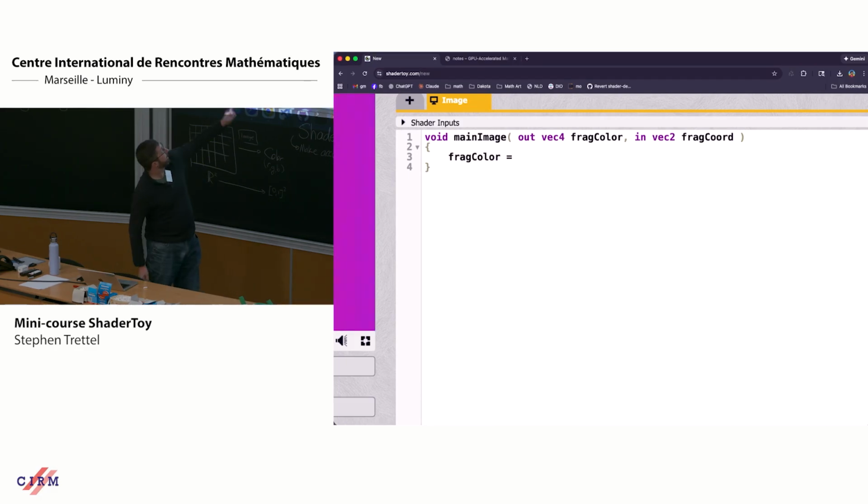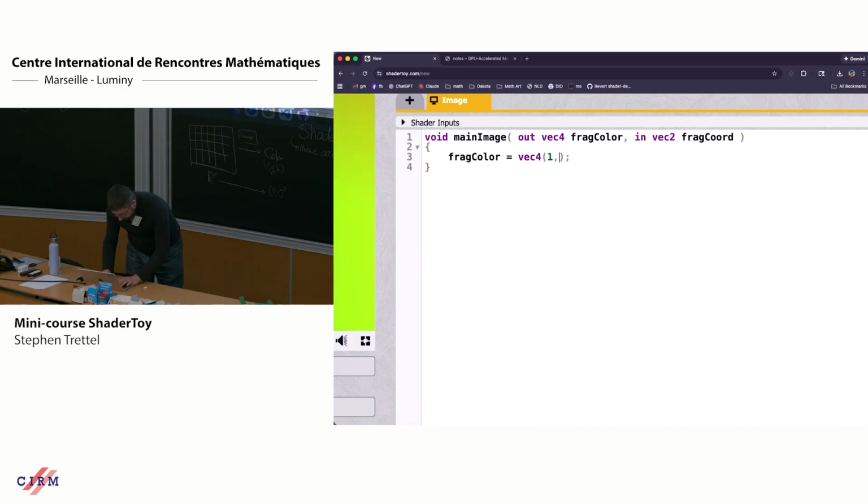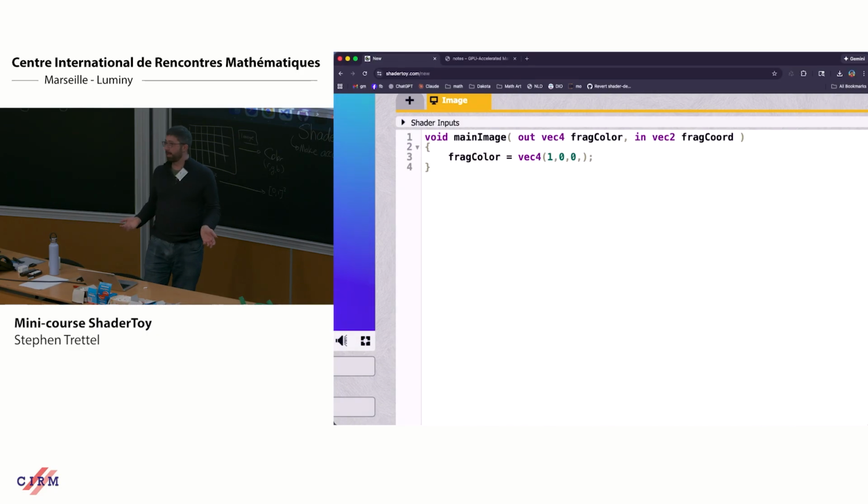I know fragColor is a vec4, so I'm going to write vec4. And then in there, I have to put a collection of numbers: red, green, blue, and transparency. Let's make the screen bright red. So I'm going to make the screen 1, 0, 0. So 100% red, 0% blue, 0% green. And then 1 for opaque, like 100% visible.